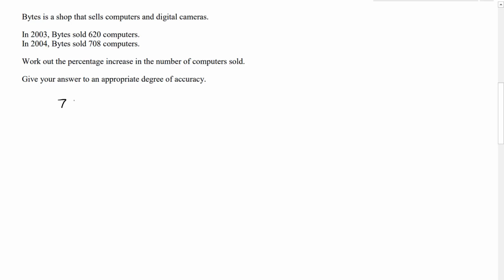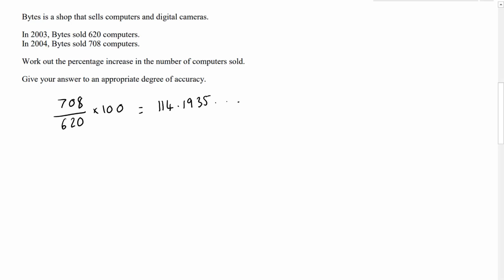Or you could just say that you have 708, which is your new amount, over the total from the last year, which was 620, times that by 100, and that's going to give you 708 divided by 620 times 100, which gives you 114.1935, and so on. It's not to an appropriate degree of accuracy yet. We want to always do that last.